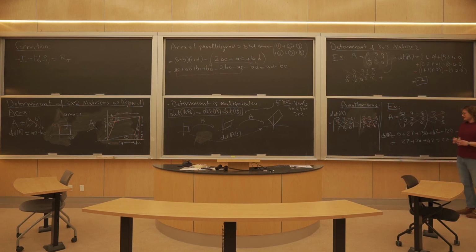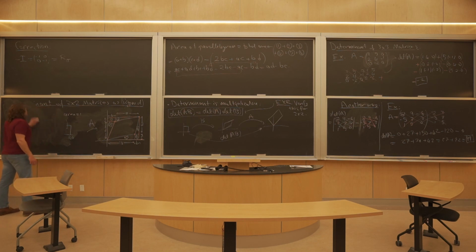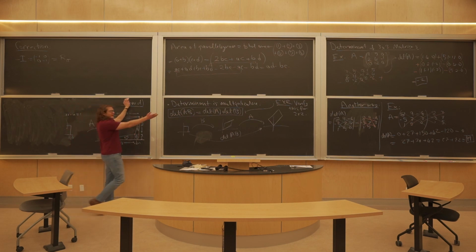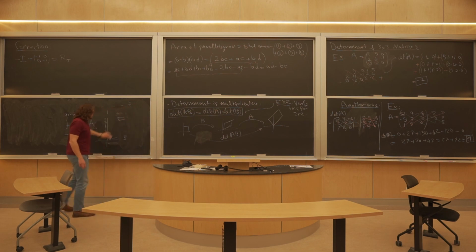Now, yet another way, which is somewhat more perhaps exciting, is to use these wire symbols that we discussed yesterday. Note that we have 6 terms in the computation of the determinant of a 3 by 3 matrix.